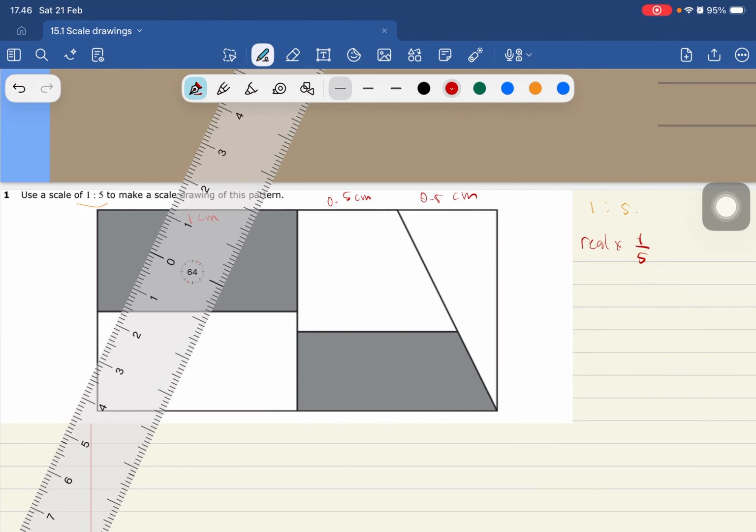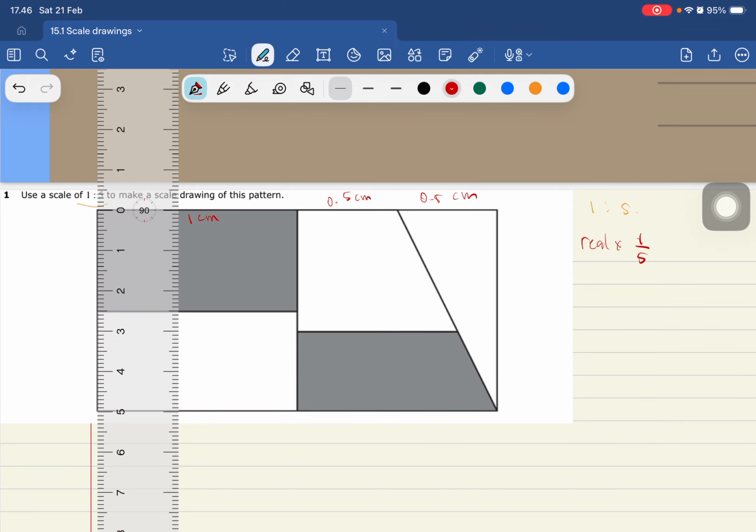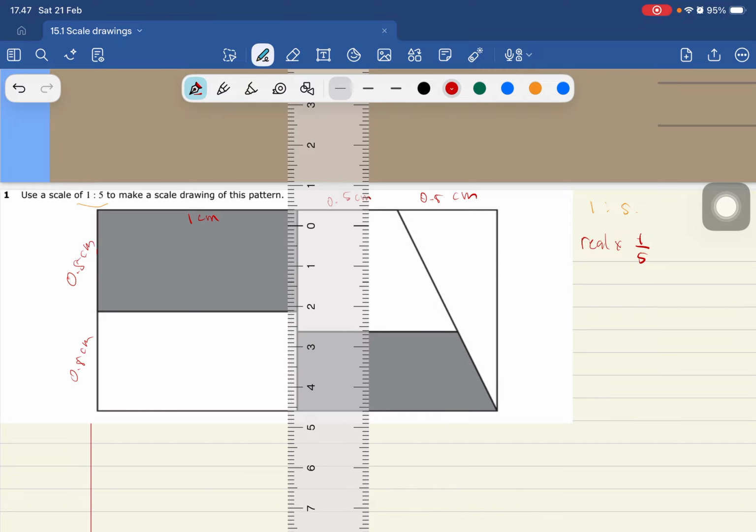Let's see here. 2.5 and 2.5, same thing. So in the scale drawing, it's going to be 0.5 centimeter. Let me rewrite it again. Here also 0.5 centimeter.